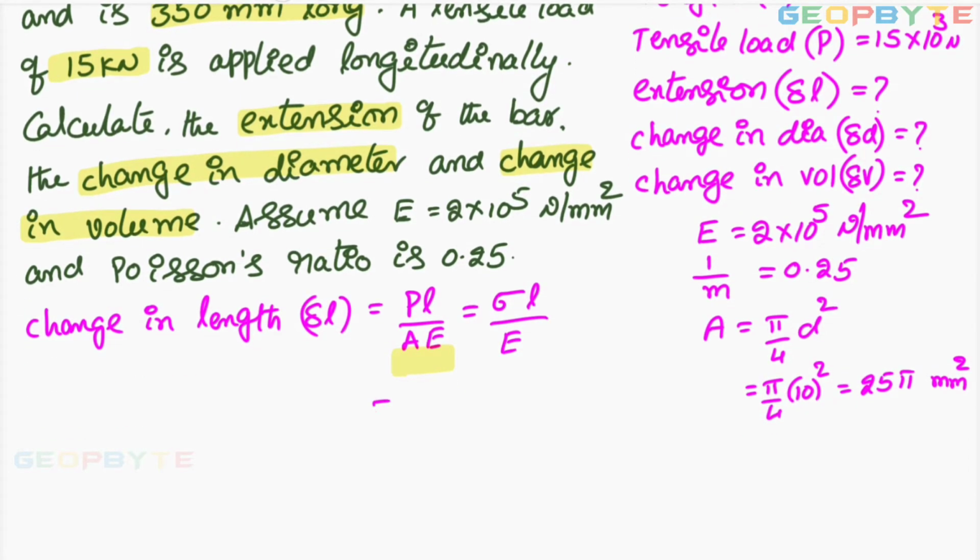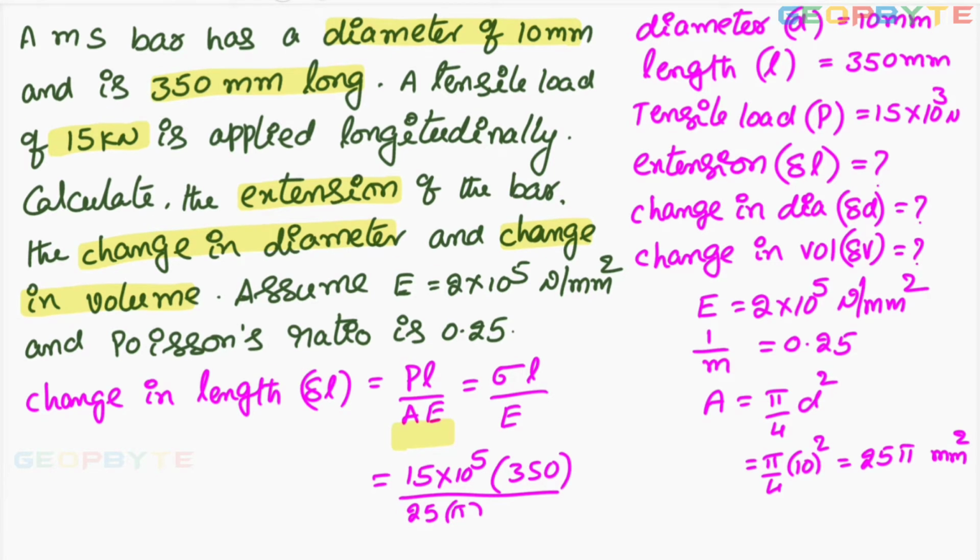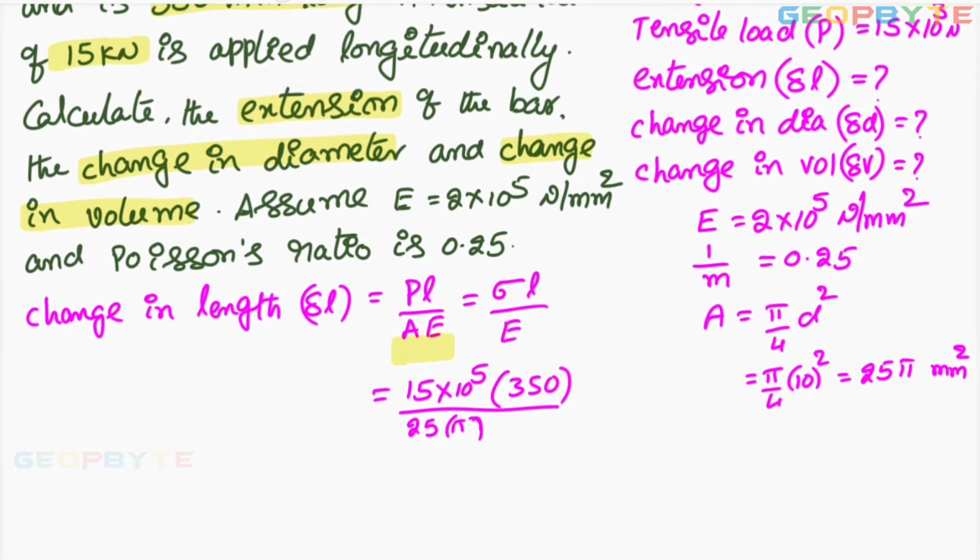The external load is given, 15 into 10 raised to 3, the original length is given 350, divided by area 25 times pi, multiplied by E. Young's modulus is 2 into 10 raised to 5.